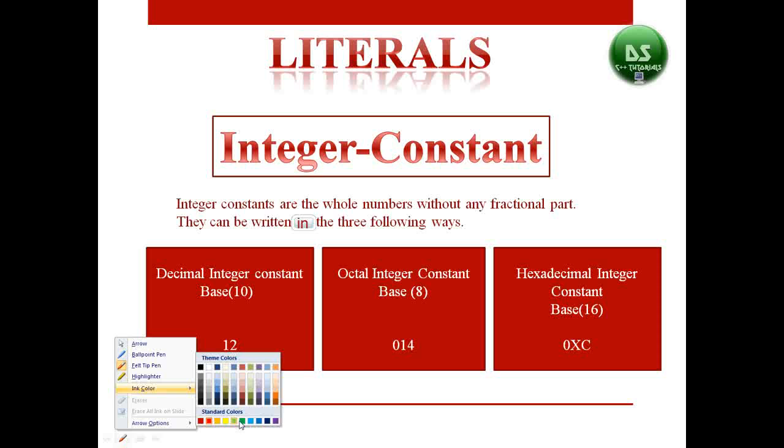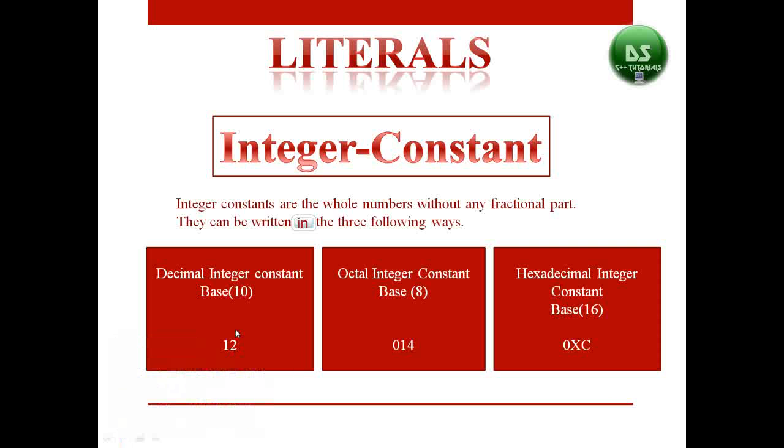Basically, all these numbers are 12 only. This 12, this 12, and this is 12. So all these numbers are only 12, but they are being represented in different forms, like octal integer, hexadecimal integer, and decimal integer.